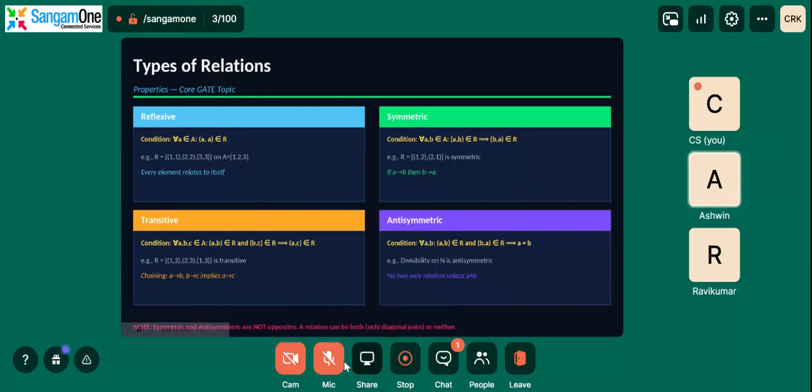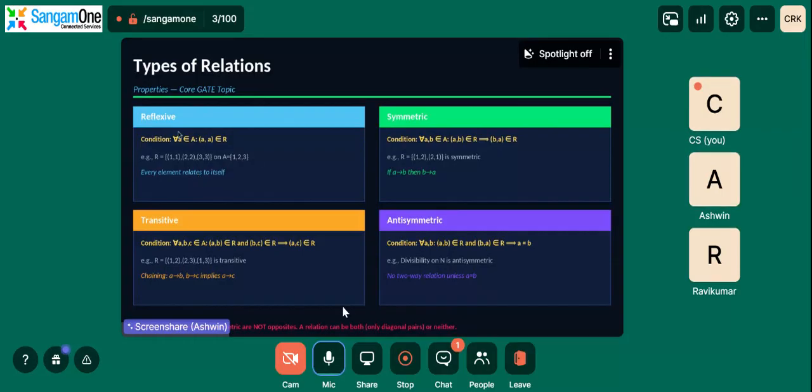Every element relates to itself. That's why it's called the reflexive condition. How can you say mirror image? Mirror image is not correct, no? Sorry about that, it's not correct. Every element is related to itself, right? Yes, correct. Sorry for the correction.